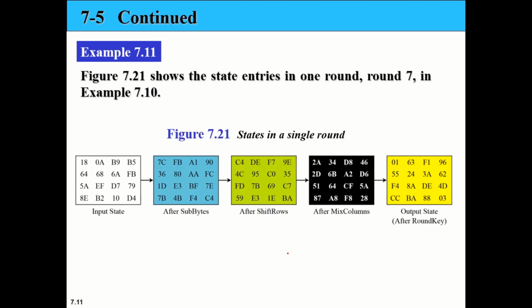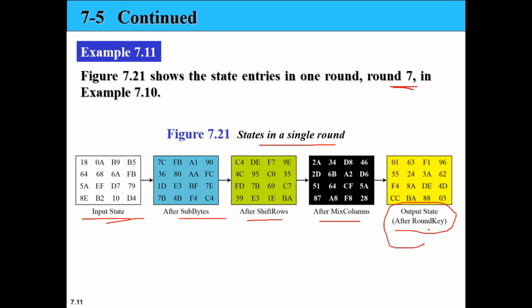So this diagram shows you the states in a single round. This is the input state. This is telling you the states in round 7. This is the input state. This is after sub byte operation, then shift row operation, then mixing, and then the adding of round key, right?